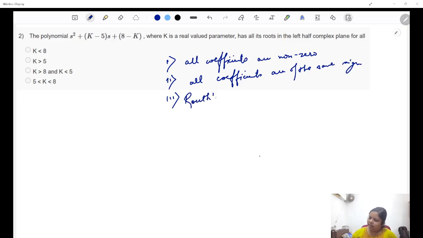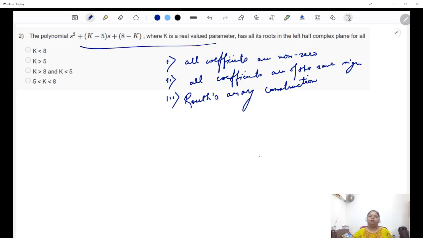Routh's array construction. Okay. Can you tell me, for solving this question particularly, what is the bare minimum number of things that we want for this, or do we need everything?